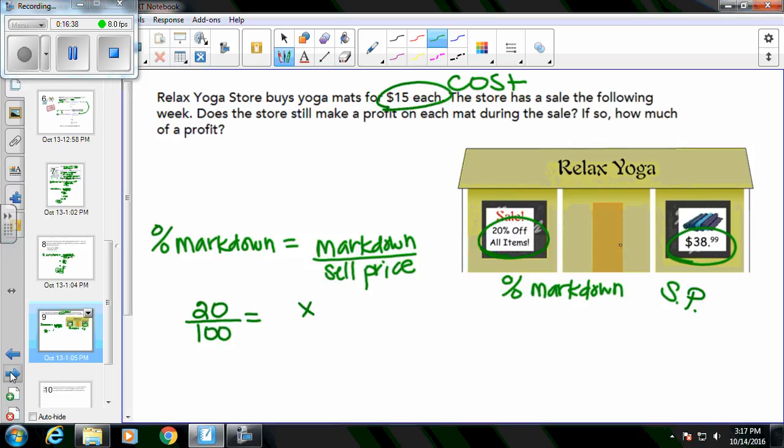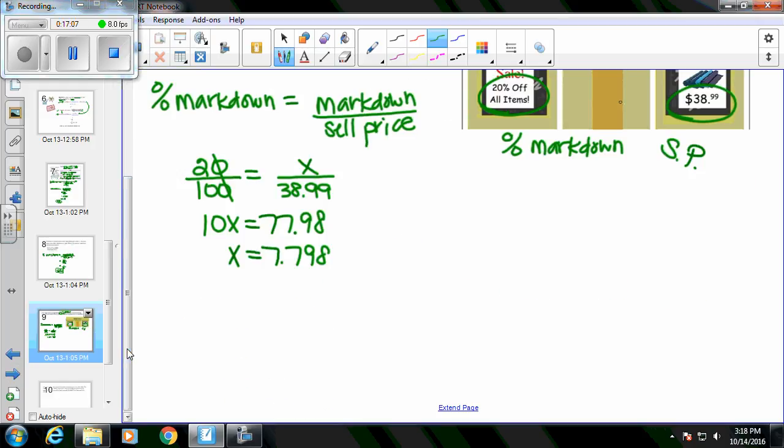The markdown itself I'm going to call X, and the selling price is $38.99. A little simplification here, and when I simplify this, I get 10X equals $77.98. And then when I divide, I get $7.798, which we know is really $7.80.